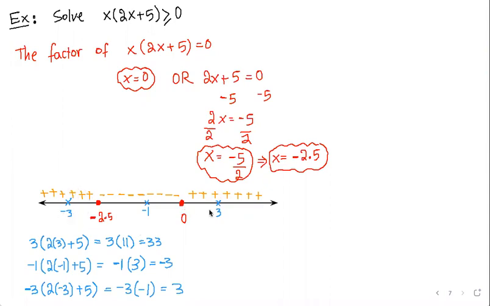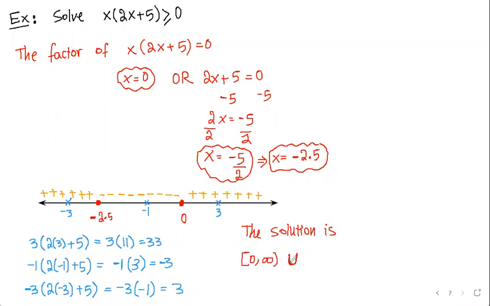So from 0 to infinity, and from minus 2.5 to minus infinity. So the solution is from 0 to infinity, and the 0 is inside the interval.